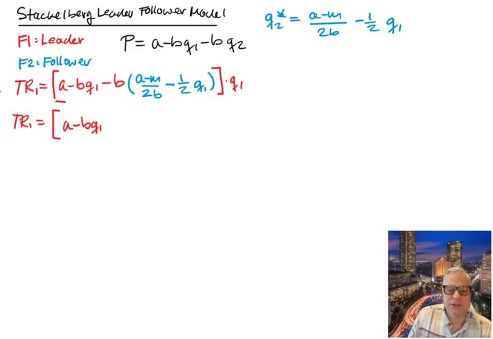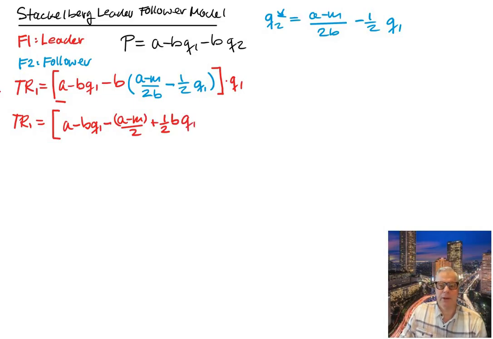So the B cancels out, and then we get minus (A minus M) over 2 because the B cancels out. Then we have a minus B times negative 1/2 Q1, that makes it positive, plus 1/2 B Q1. Nothing cancels here, times Q1.